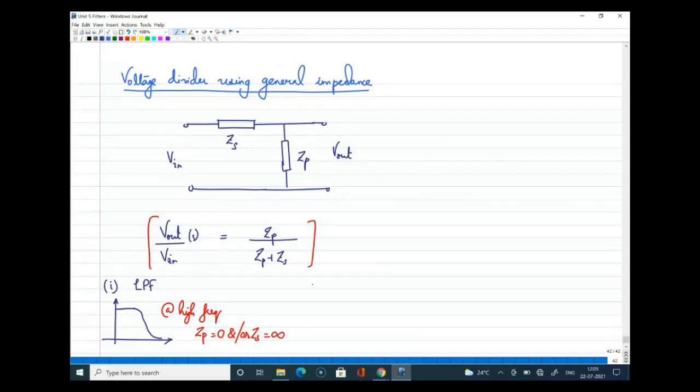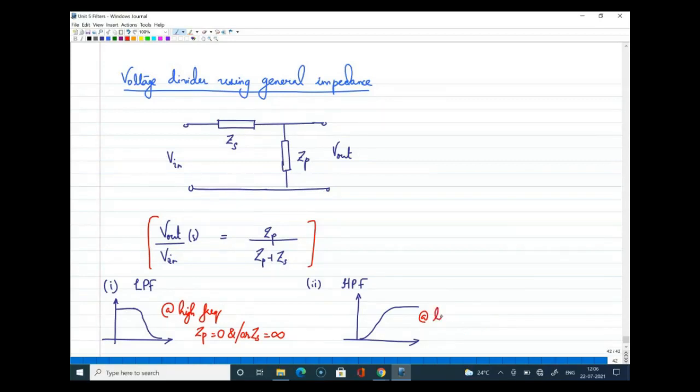Now, can you tell me how you can get a high pass filter response? What should be the values of Zp, or what are the conditions? High pass means something like this. And what we are expecting is, sorry, not at high frequency, it is at low frequency.